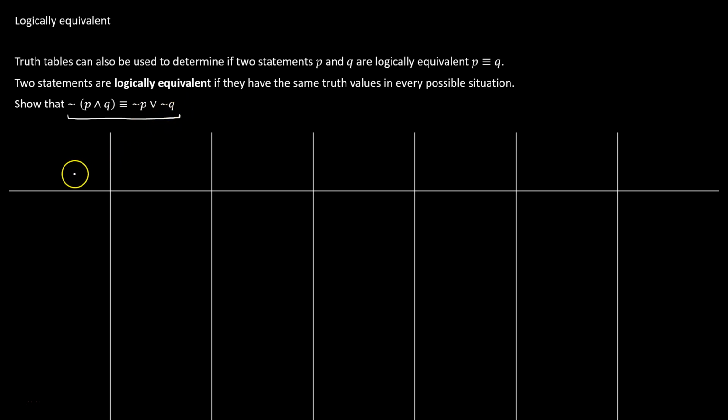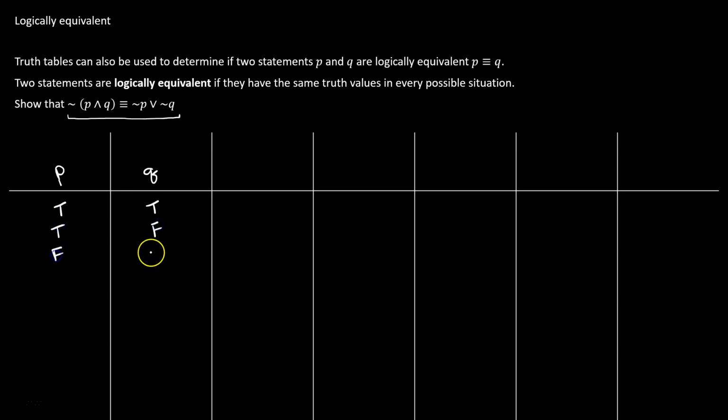To build this, we're going to start with the simple two columns, one for each of the two statements we're looking at. We need to fill out all the possibilities for P, all the possibilities for Q. So P could be true, Q could be true. P could be true, Q could be false.